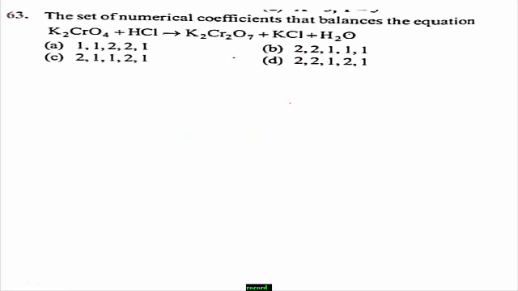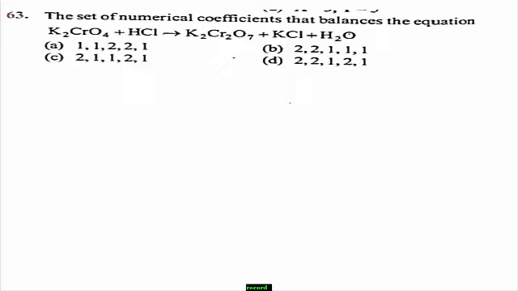Next question, number 63. The set of numerical coefficients that balance the equation. The given equation is K2CrO4, potassium chromate, plus hydrochloric acid HCl, gives K2Cr2O7, potassium dichromate, and KCl, potassium chloride, and water.